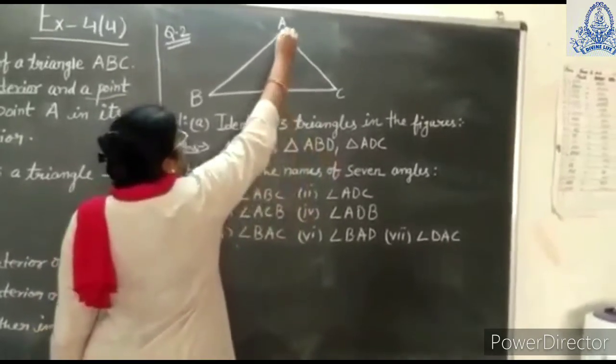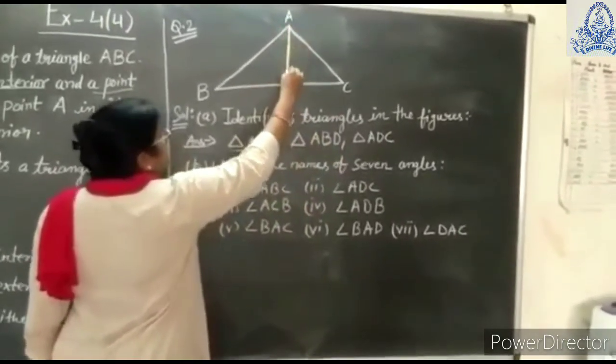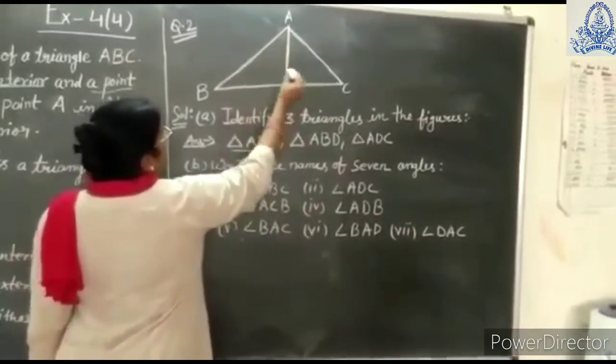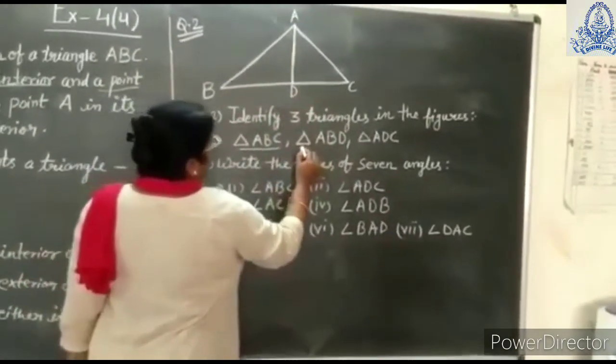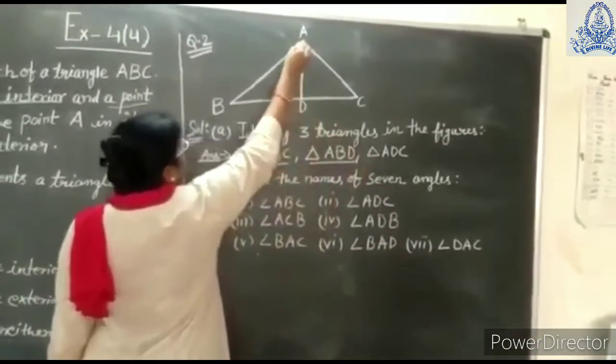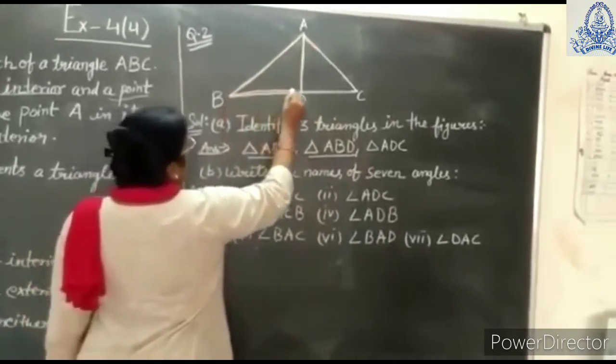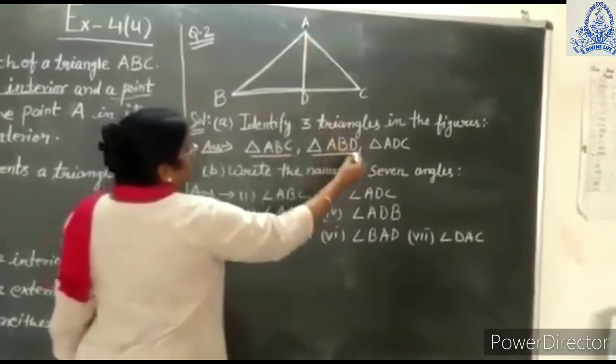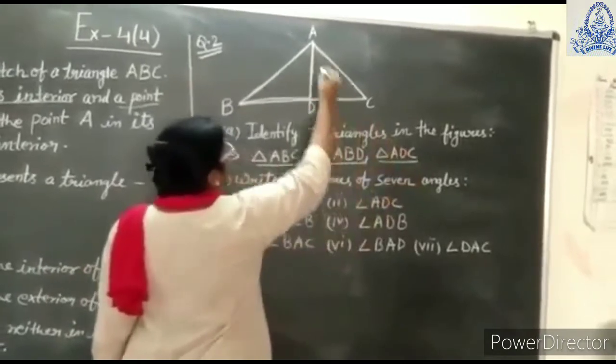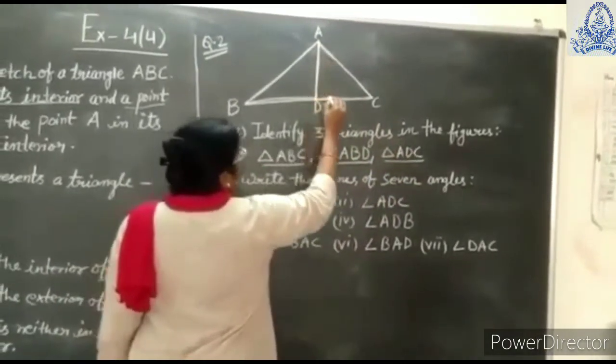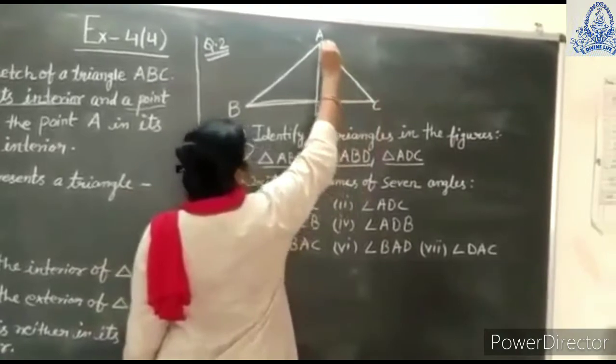See here, AD is the altitude, we divided this triangle into 2 parts. And now triangle ABD is here, A, B and D. Third one is ADC. A, D and C.